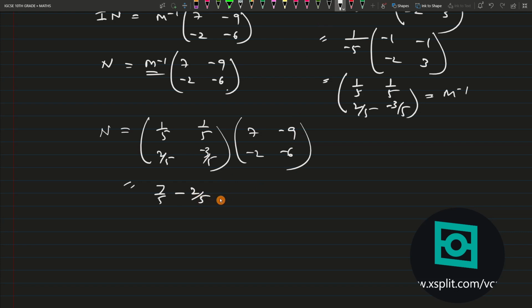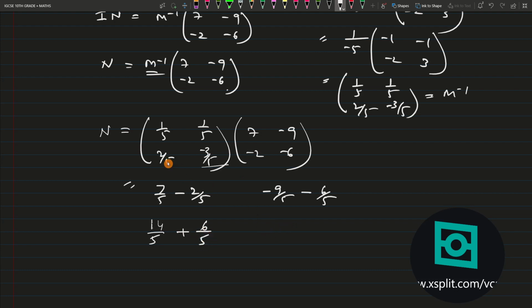Then first row, second column will be minus 9 upon 5 minus 6 upon 5. Then second row, first column: 7 2s are 14 upon 5. And this will become 14 upon 5 plus 14 upon 5, plus 6 upon 5.